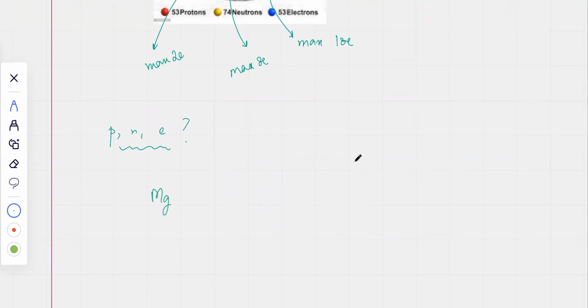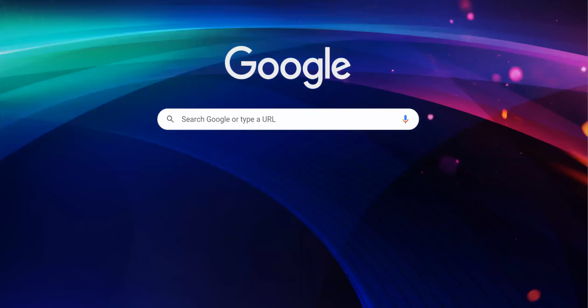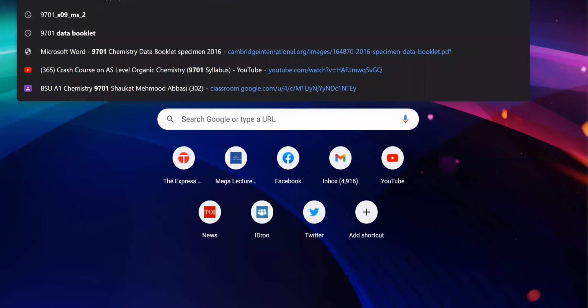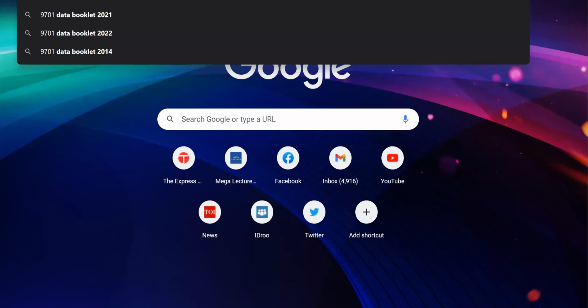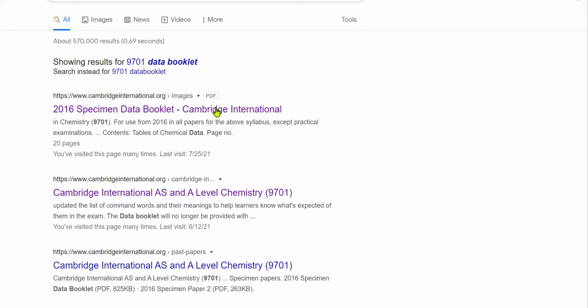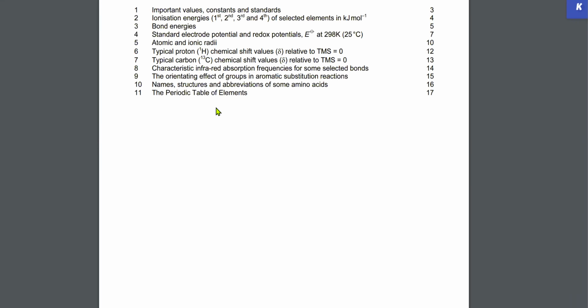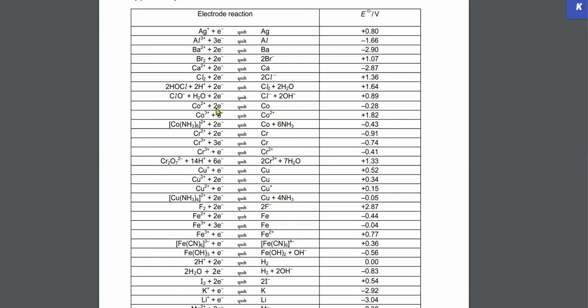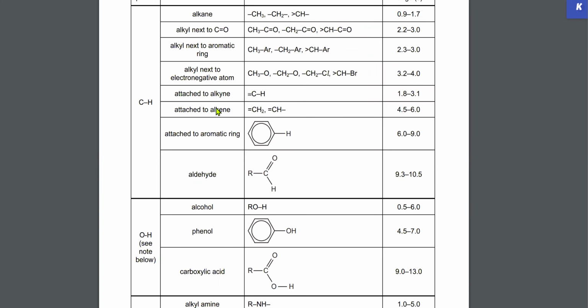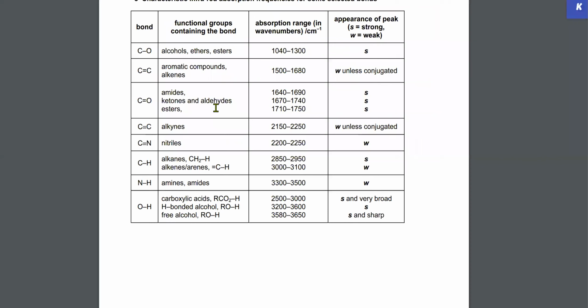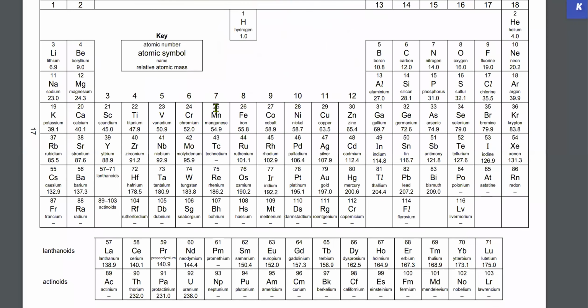So we're going to look at the official data booklet. In this you have a periodic table, and if you look at it, now look at magnesium over here.